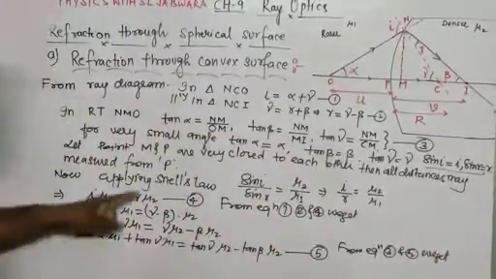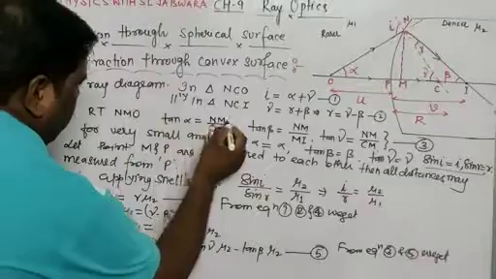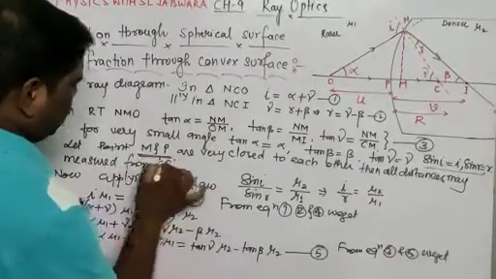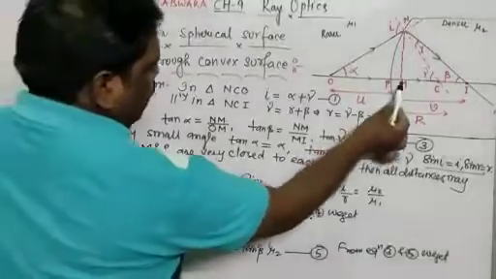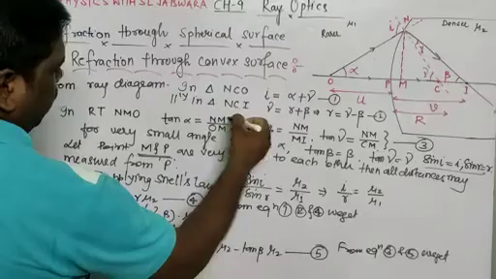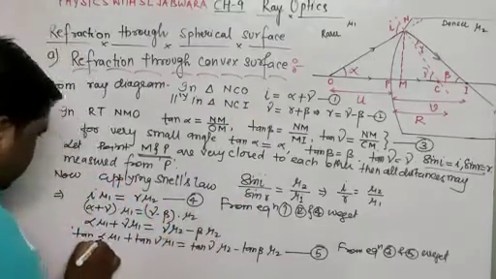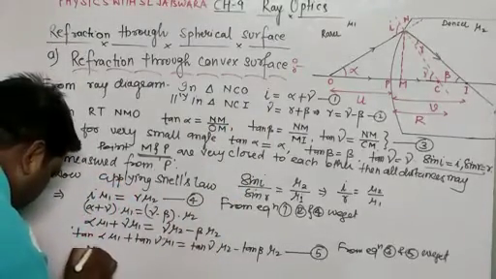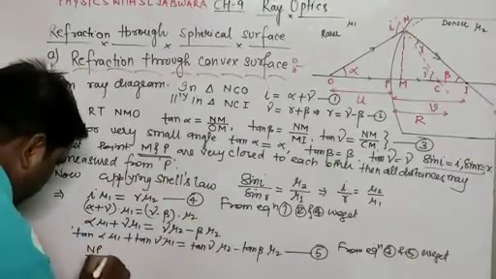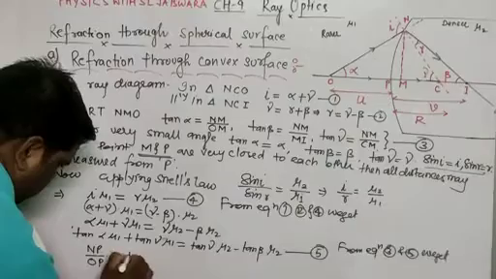See, children, when both the points are very close to each other, this point M can be replaced by P. So instead of writing NM we write NP. That is, tangent of alpha means NP upon OP into mu1.